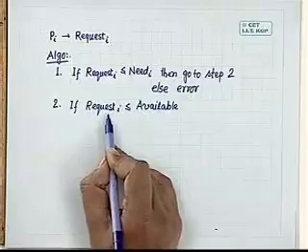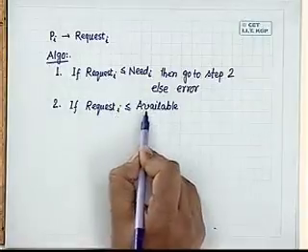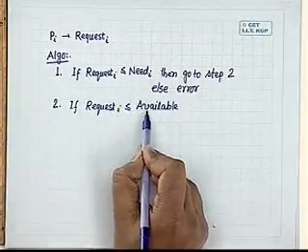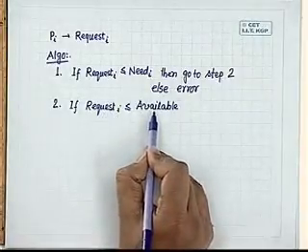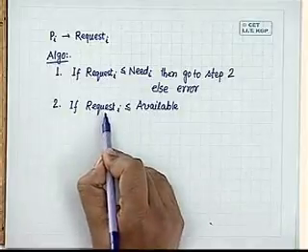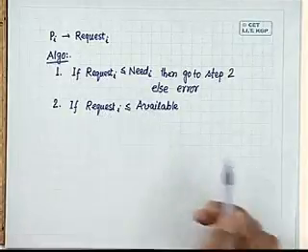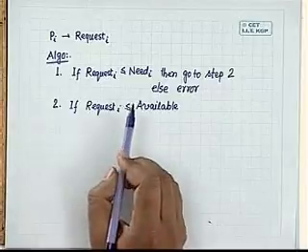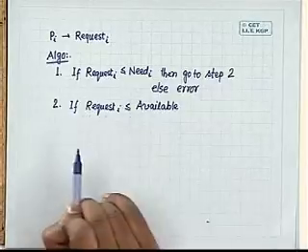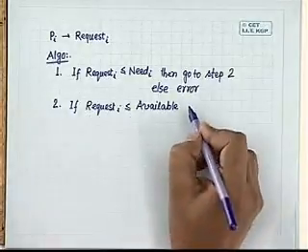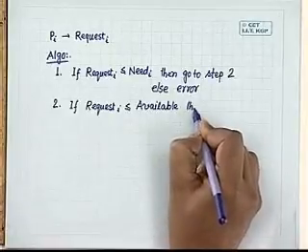So we can think of granting this request only when request I is less than or equal to available. If request I is greater than available, though it is a valid request, the process has to wait. There is no other way. Okay. So if request I is less than or equal to available, then we go further.